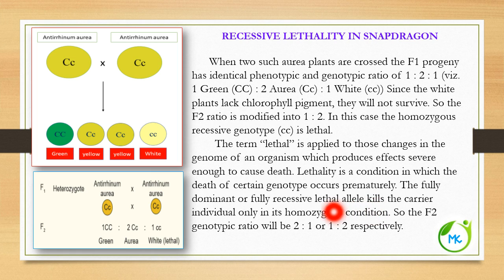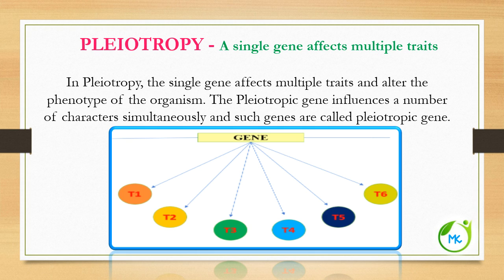Only if the recessive allele is in homozygous condition will it lead to the death of the individual. So this is about recessive lethality in the case of snapdragon. So we have seen the third type of intragenic gene interaction, the lethal genes.